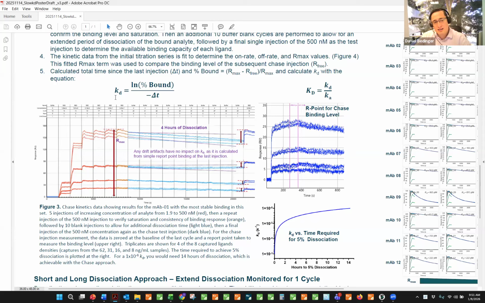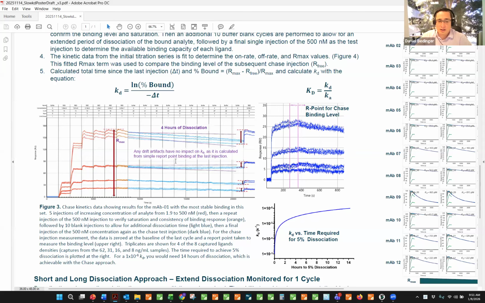And from that, we can actually calculate an off rate using this very simple equation where, if we have the percent bound and the time that we've allowed the dissociation to occur in seconds, we actually get a kd value, which can then be applied to the kinetic estimate in calculation of KD like this.